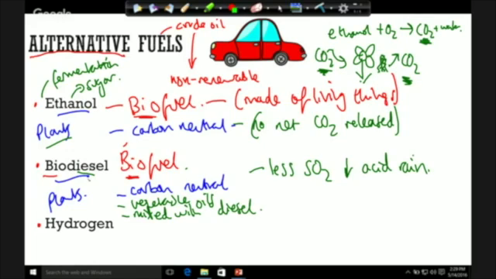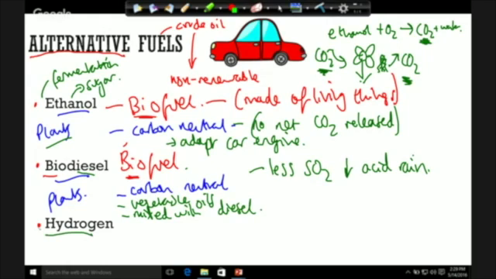The trouble with the ethanol is you have to have an engine that is designed to specifically take in that ethanol, because burning ethanol is slightly different to burning regular fuel. The biodiesel, again, you might need an adapted engine. I mean, it can be mixed in with a diesel, but that can add to the price as well if you need to adapt the car engine in any way.